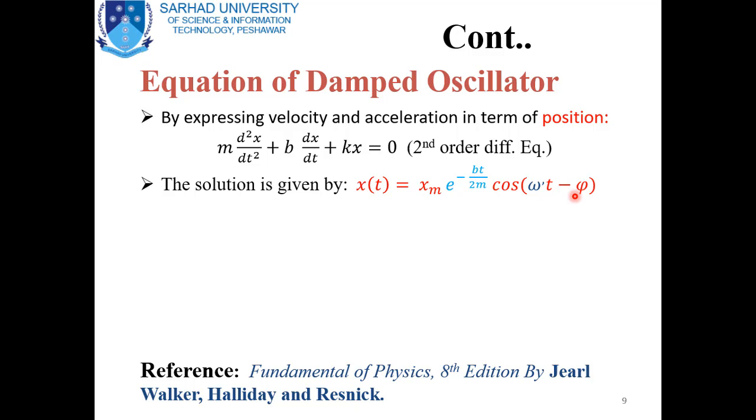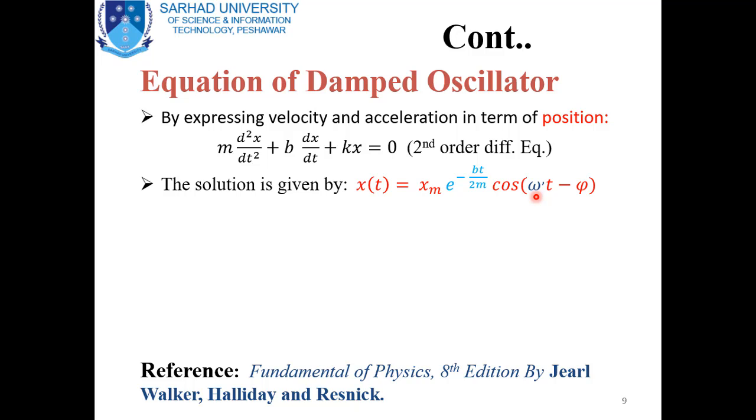If you compare this expression with the expression for an ideal oscillator, this is the extra term, and this term occurs due to the drag force, and omega prime is not the same as omega.